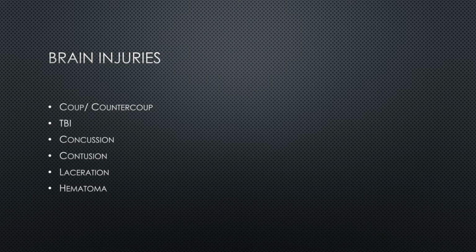So let's start with a concussion. A concussion is a brief or temporary brain injury. Although it is significant, symptoms are basically very mild. They include headache, feeling groggy, and loss of memory to the incident that happened.